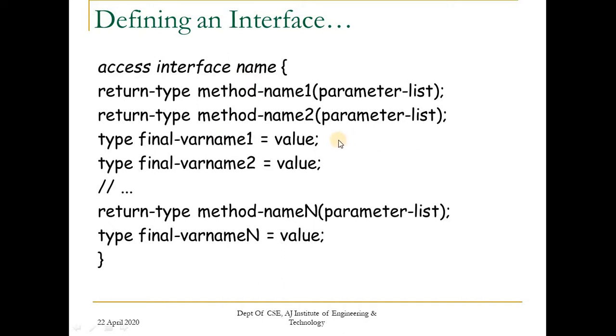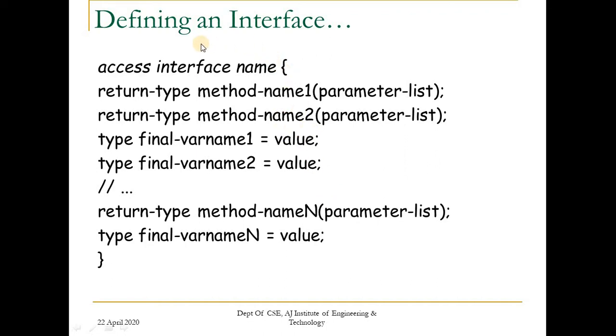So the variables declared within an interface are called final variables because the implementing classes cannot change the value that is initialized to that variable. Okay, and also the value has to be initialized when declaring the variable itself.